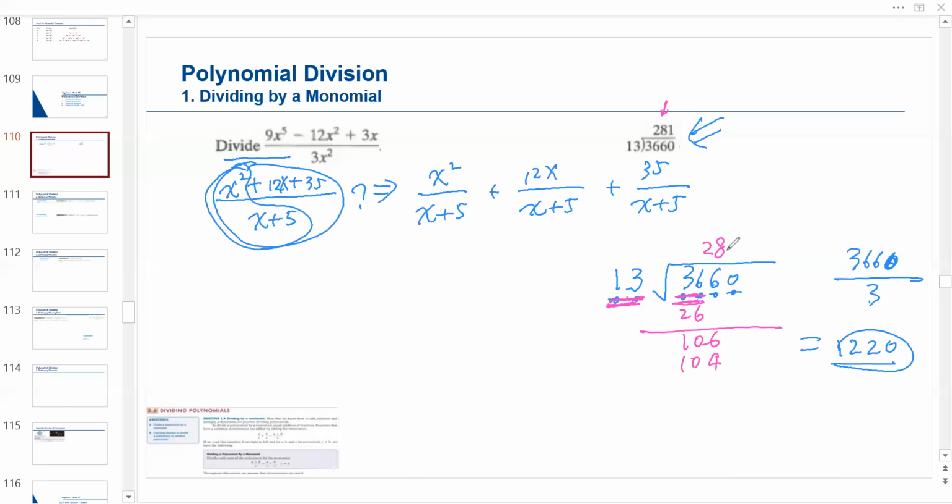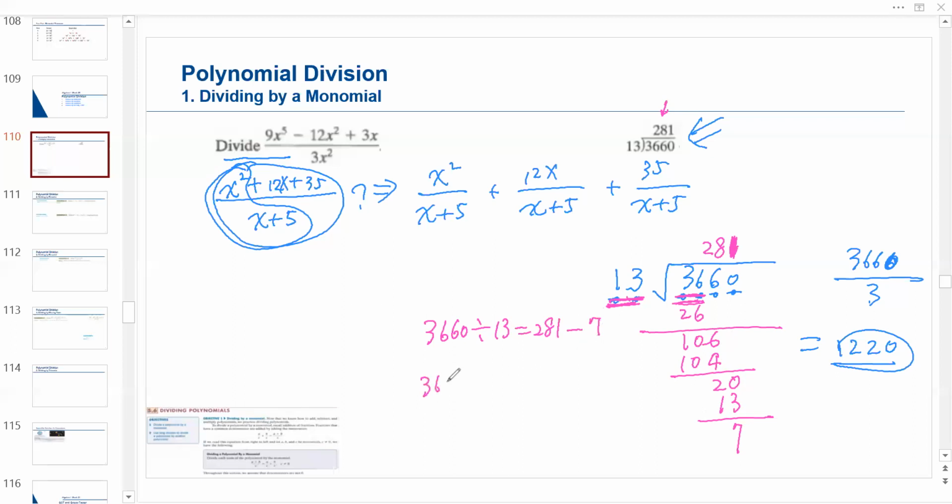So 3 times 8, you got 24. 1 times 8 plus 2, you got a 10. So left 20. So you got a 0. You got a 1 here. So you got 13. And finally left is 7. So you can say 30 divided by 13 equals 281, and remainder is 7.